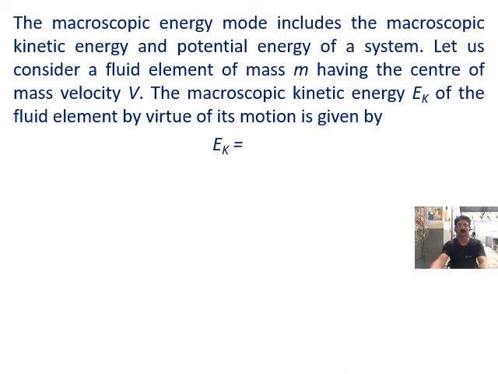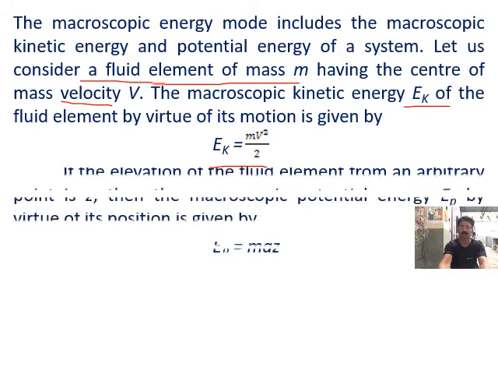The macroscopic energy mode includes macroscopic kinetic energy and potential energy. Suppose you consider a fluid element having mass m, center of mass velocity v, and macroscopic kinetic energy Ek. Then Ek is equal to half m v square, for a fluid element of mass m in the macroscopic approach.